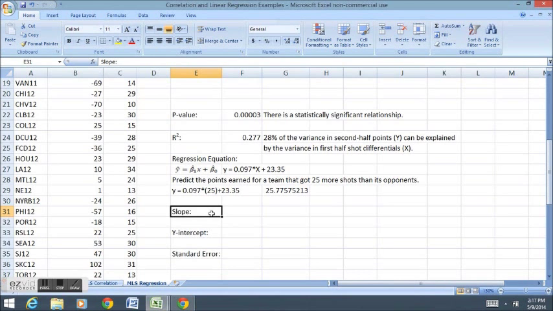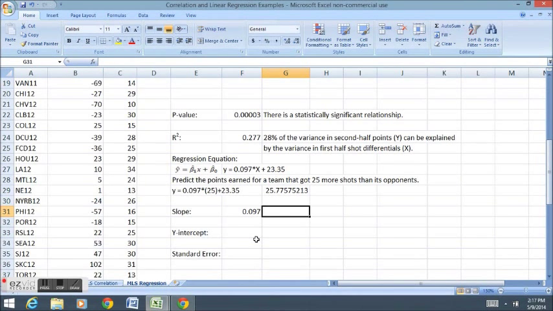Next, let's interpret the slope and y-intercept literally. Recall that the slope in this case is 0.097. What does that mean? If you go all the way back to your first algebra class in kindergarten, you know that slope is a change in y over a change in x. In this case, it is a 0.097 unit change in y divided by a 1 unit change in x.